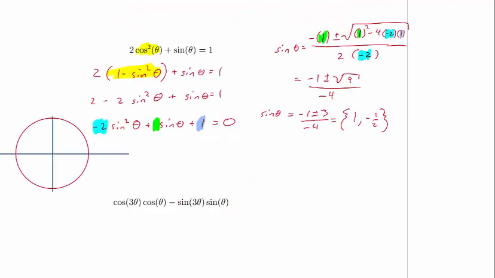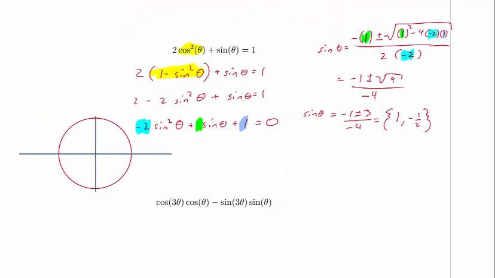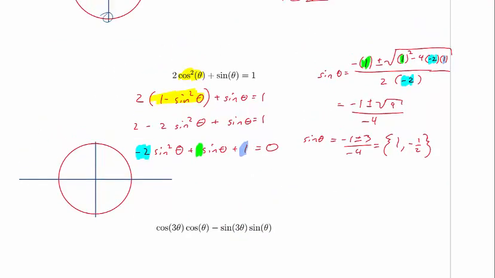So we have our unit circle back here, and all the times that y is going to be either 1, which is going to be up there, or where it's going to be a negative 1/2, which will be either here or here. Right?